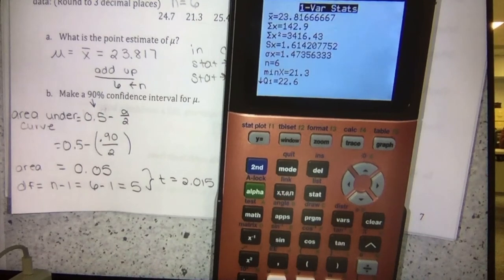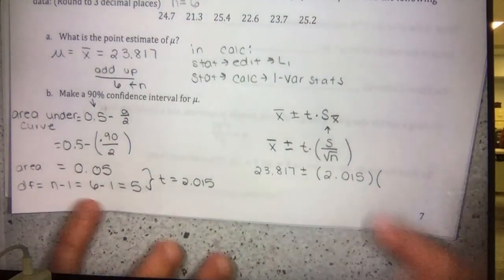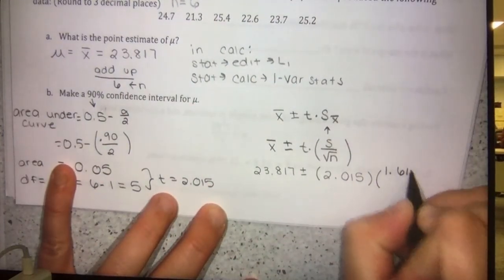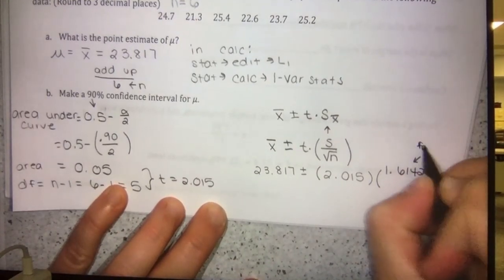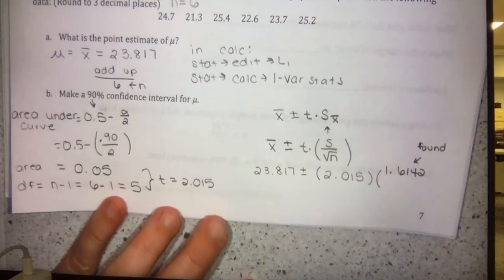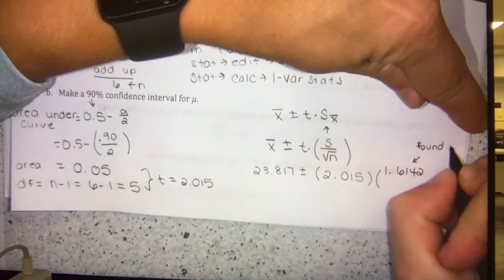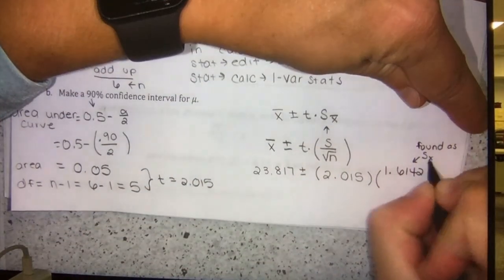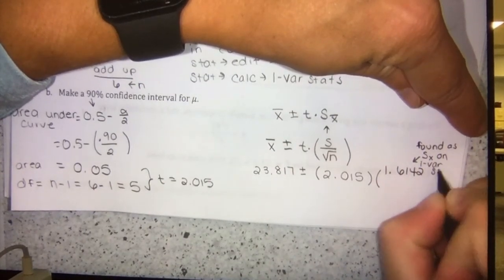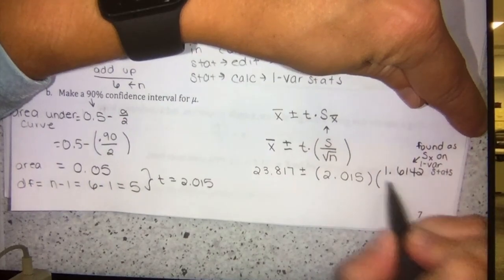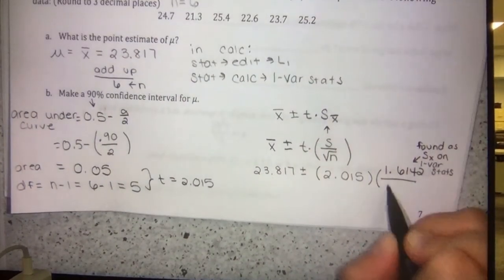So that's what we're going to use, 1.6142, and this was found as S sub x on one variable stats, all over the square root of n.